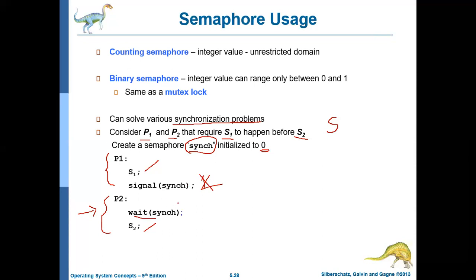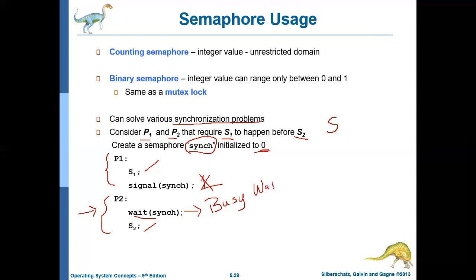It checks whether sync is less than or equal to 0. If so, it will do busy wait. As sync is equal to 0, P2 will do busy wait or perform spin lock. That is, it won't continue beyond this statement. It will keep checking the sync value whether it becomes 1 or not. Until then, it will be busy waiting.